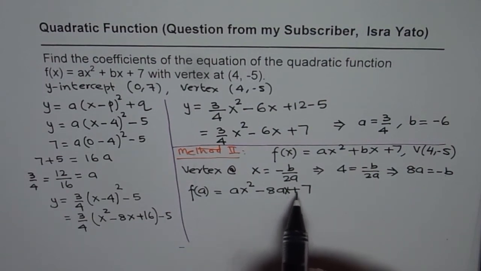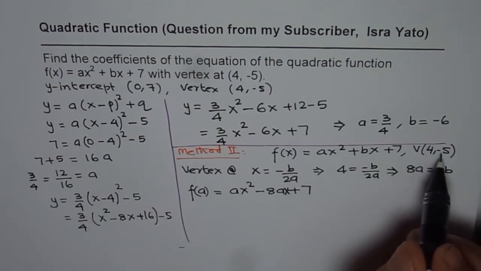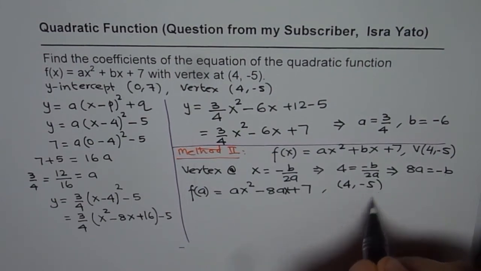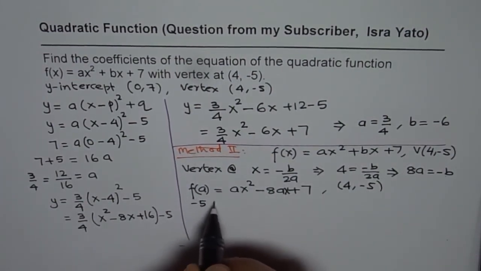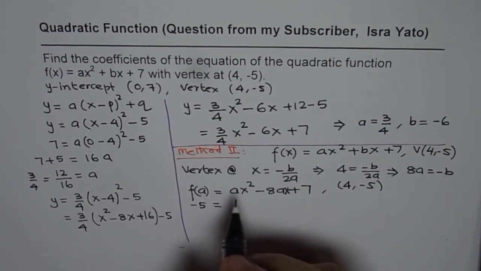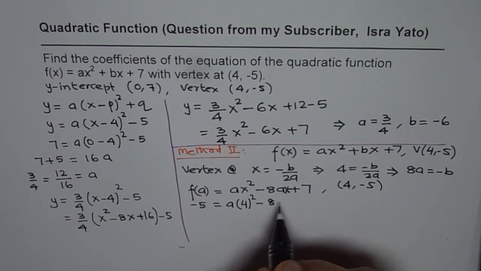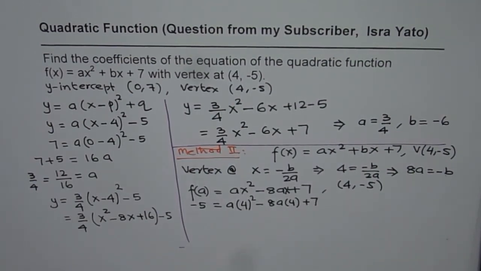I have replaced b by minus 8a. Now we can use a point on this graph, (4, -5), to find the value of a. So minus 5 equals a times 4 squared minus 8 times a times 4 plus 7.